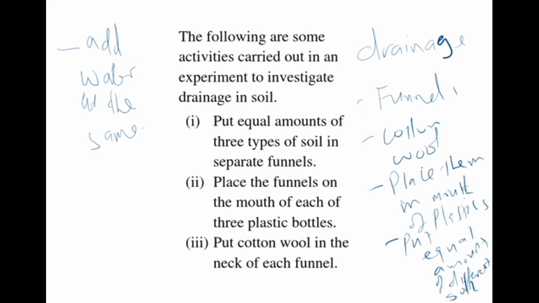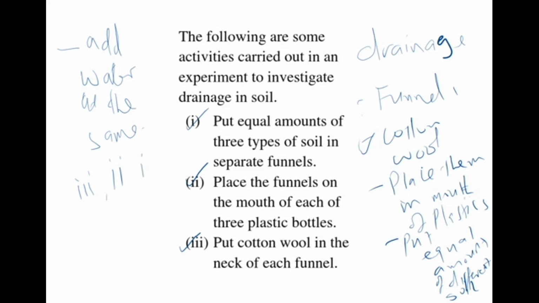Therefore, looking at the arrangement, you pick 3, that is, put cotton wool in the neck of each funnel. Then after that, you place the funnels on the mouth of each of the 3 plastic bottles, that is our 2. Then you put equal amounts of 3 different types of soil, that is 1.